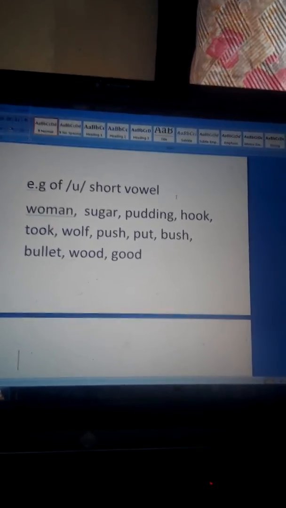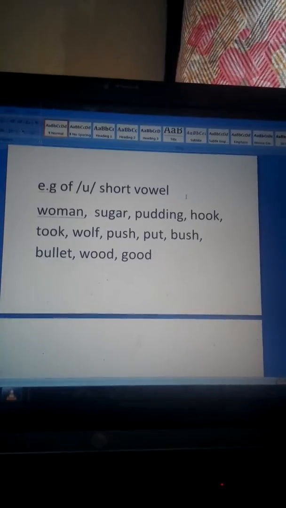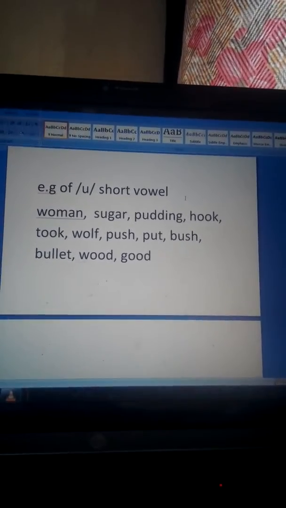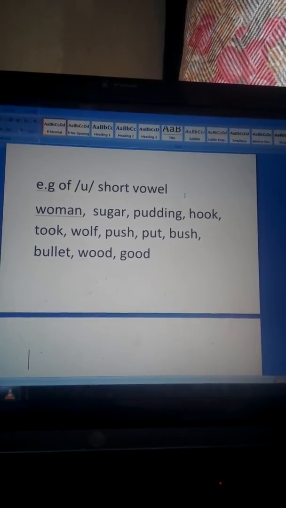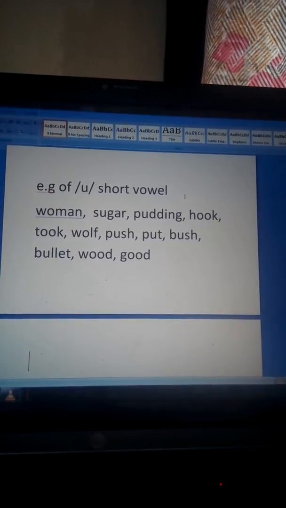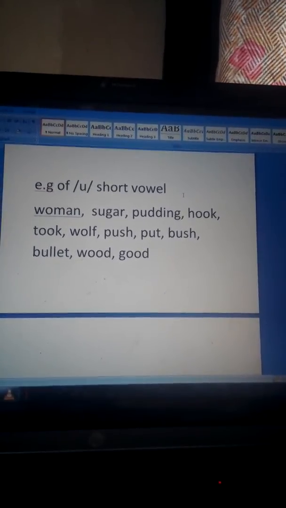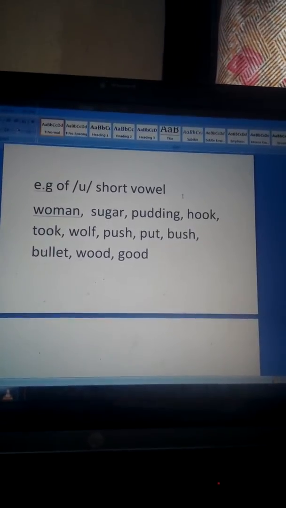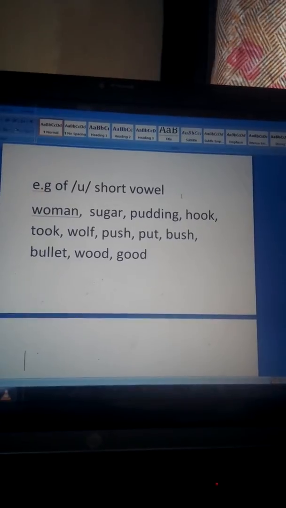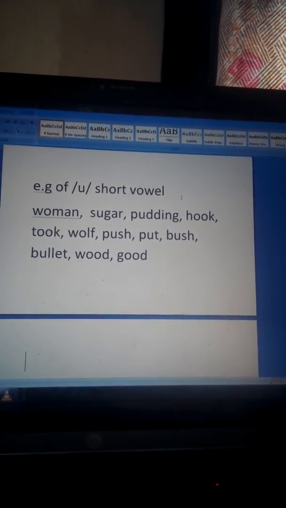Okay, so finally, let's just look at the short O sound, which I already told you. You can use the Igbo O sound in it, and it will still make sense. So it's woman, woman, not wooman. It's woman. Oh, woman, what are you doing in my house? Okay, so it's sugar, not soogar.